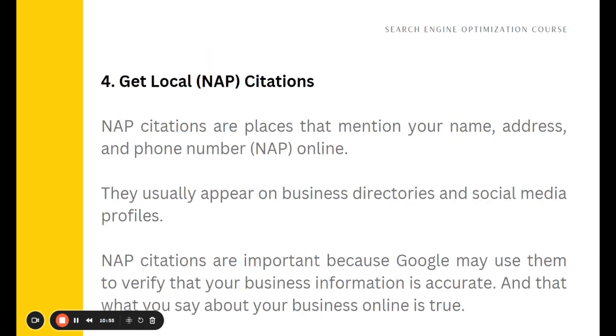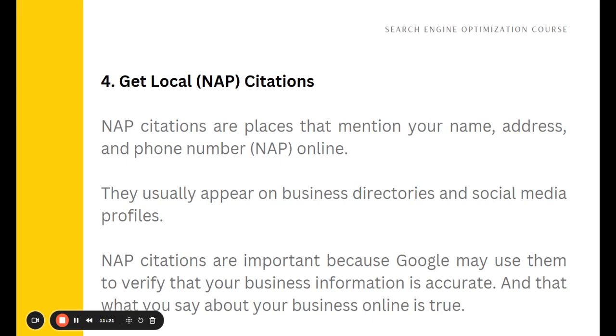We'll talk about NAP in another lesson, but NAP is your name, address, and phone number online on different websites, on multiple websites, directories, social media, web pages, Better Business Bureau, places like that. NAP citations are important because Google may use them to verify your business information.